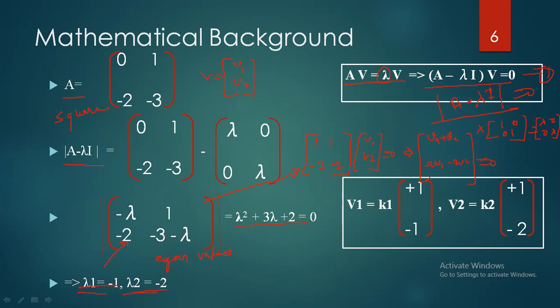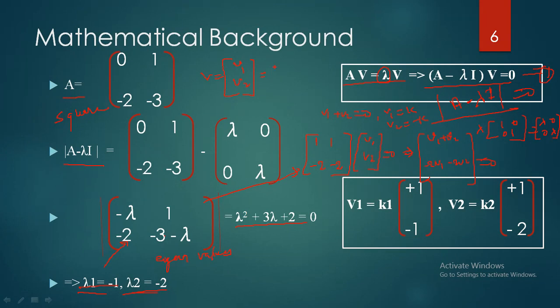So you will get only v1 plus v2 is equal to 0. So let v1 is equal to some constant k. So v2 would be minus k, because v1 plus v2 is 0. So if v1 is k, v2 will be minus k.